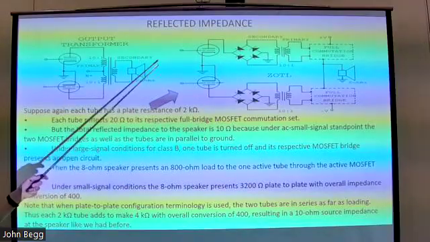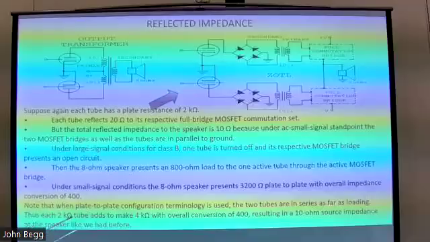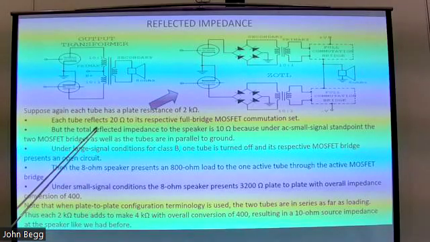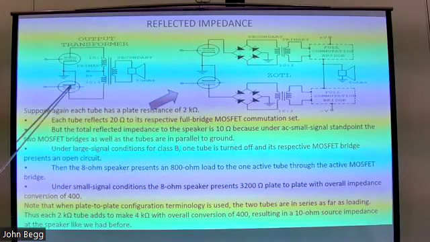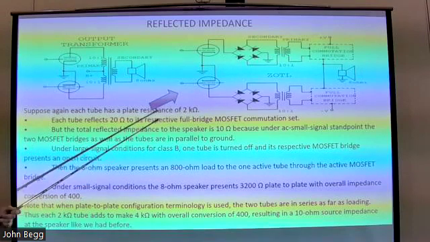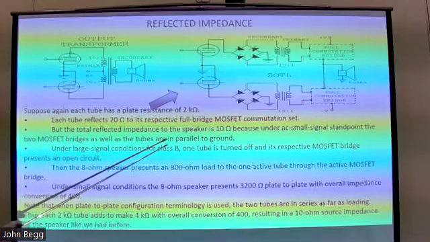So you're looking at half the circuit, and a tube reflects 20 ohms. Again, we're doing the same 10 to 1 ratio that we did with the output transformer, with that high frequency transformer. So each tube reflects 20 ohms to its respective full bridge MOSFET commutation.